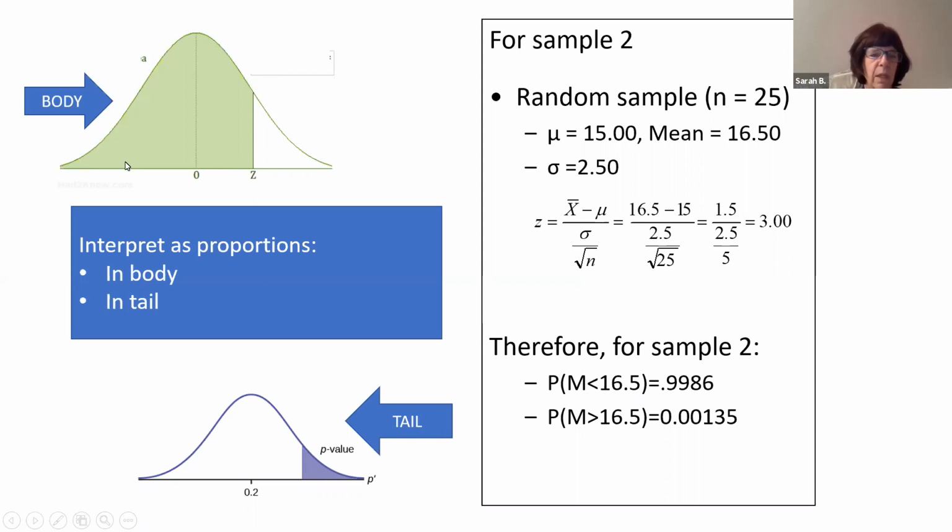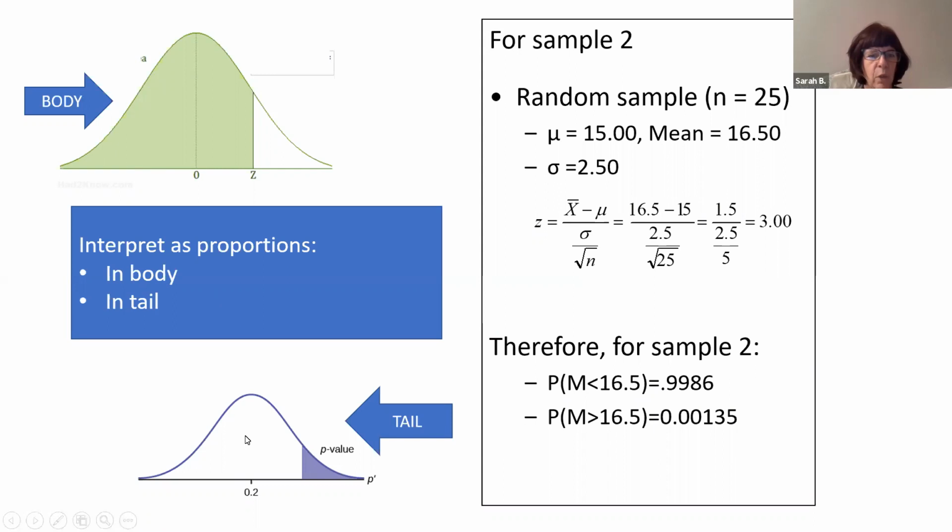I'm going to call it the body if it includes one of the tails but not the other. Sometimes, more commonly, the body doesn't include either tail. That's kind of a misnomer, but I don't think it's essential.